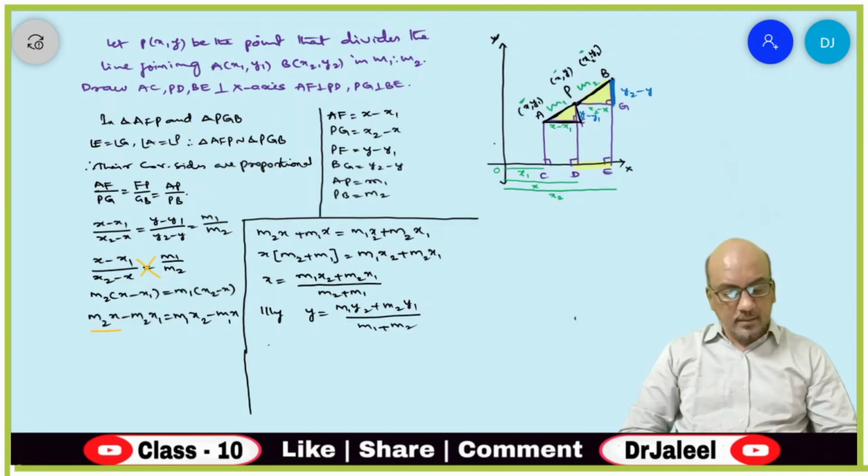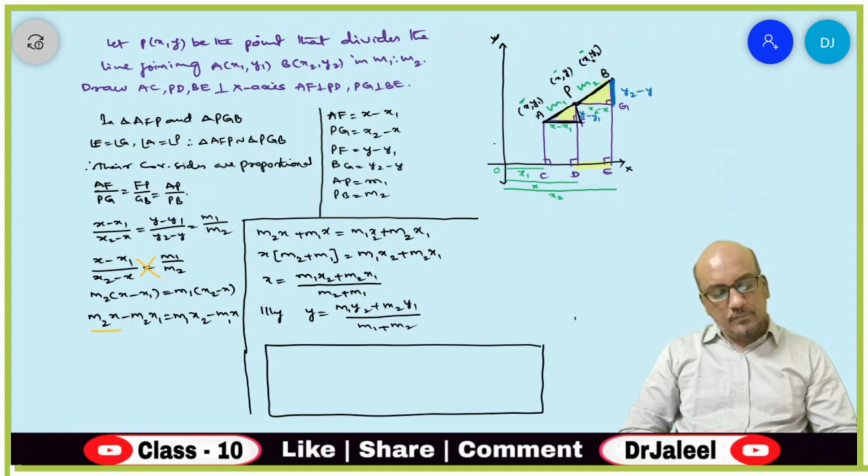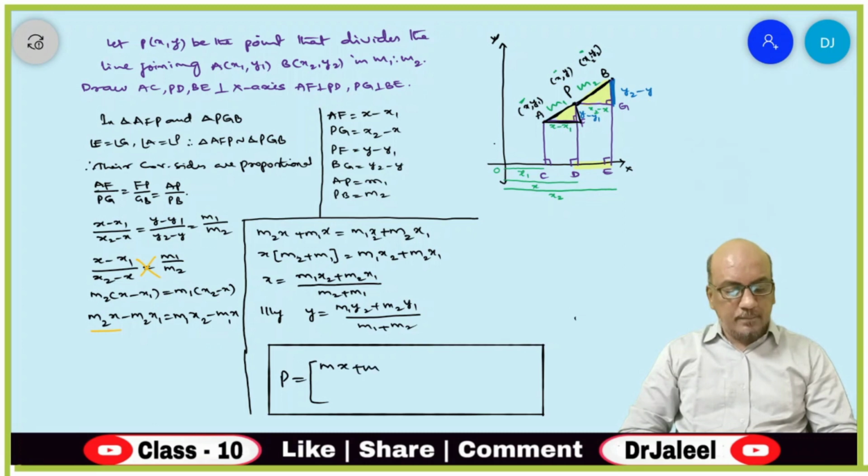So children, we got the section formula here. P is equal to, what is the first coordinate? Here I'll give you one short method to remember the formula, so as not to be confused. Write m x plus m x by m plus m, then go on writing 1 2, 2 1, 1 2.